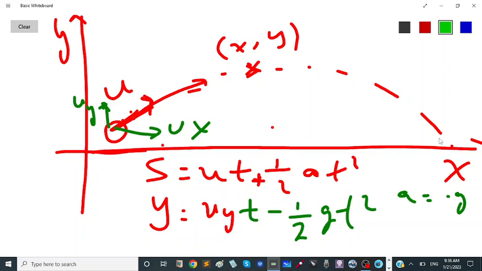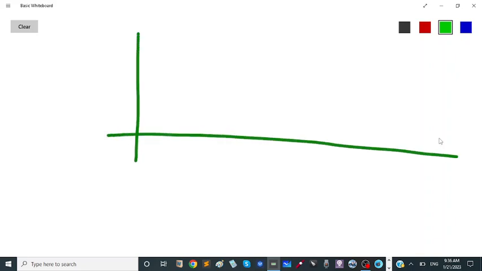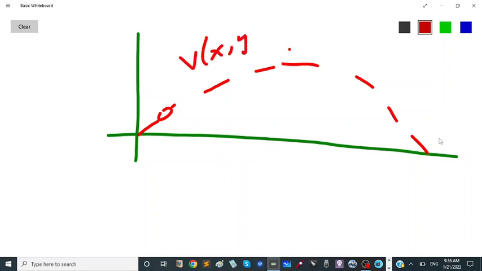The other thing you should know is, what about the velocity? As I have said, there is a component of velocity when the ball is thrown like this. At any point, for example at this point, v is a function of x and y.